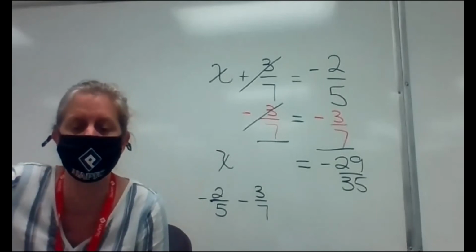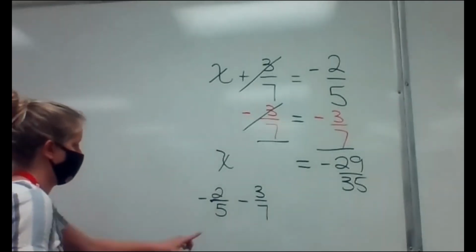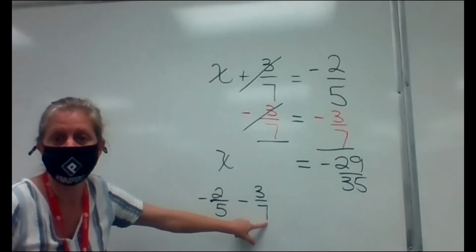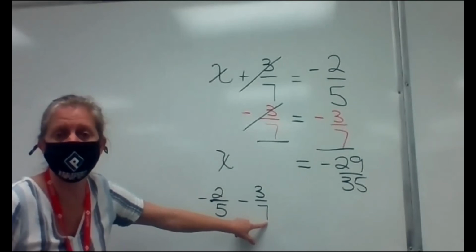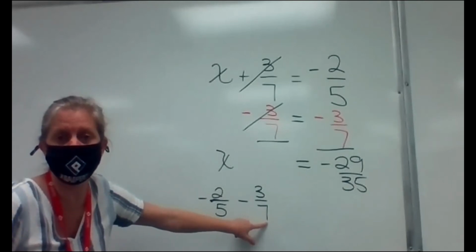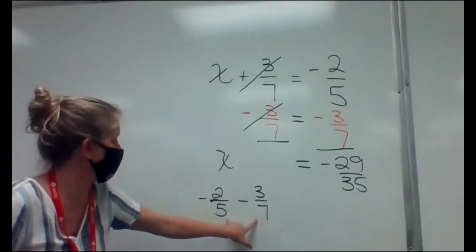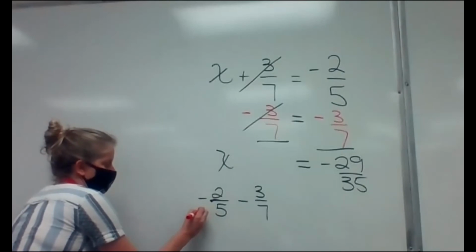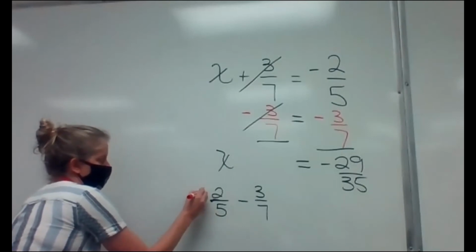Like I can multiply them by something and make them be the same thing. They'll both go into 35, which means that's what I need them both to be. If I need them both to be 35, that means I need to multiply this guy by 7. If I do it, I've got to do it on top and bottom.